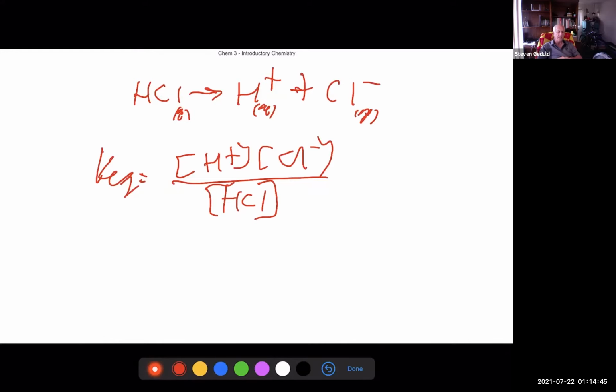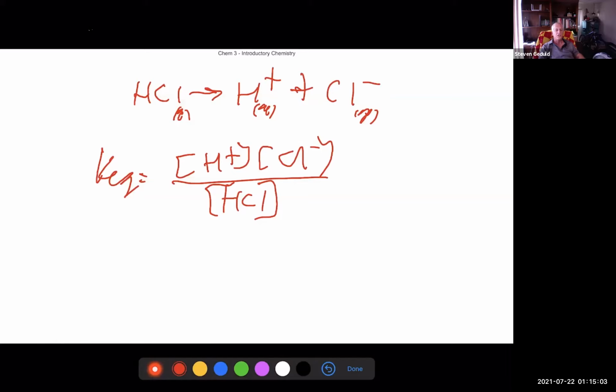And each one of those, the stoichiometric equivalency, the number in front of it is a 1, so it doesn't change it. So it's the concentration of H plus times the concentration of Cl minus divided by the concentration of hydrochloric acid. That's your equilibrium constant.